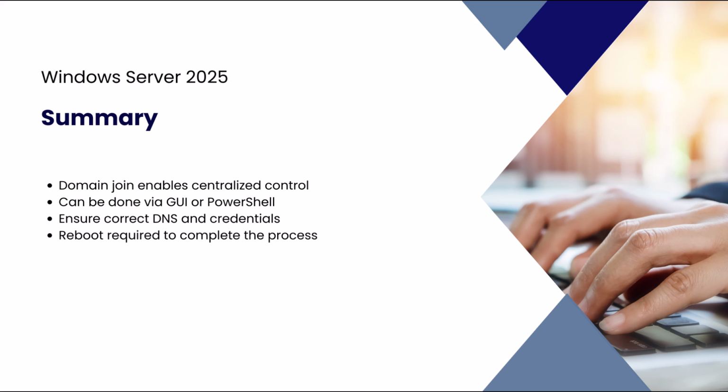To summarize, joining a computer to a domain allows you to manage users, devices, and security centrally through Active Directory. You can join a domain using either the GUI like we did, or you can also use PowerShell. Just make sure that the DNS is set up correctly, and you may also need to switch off the firewall or disable IPv6 ping because sometimes it doesn't work straight away.